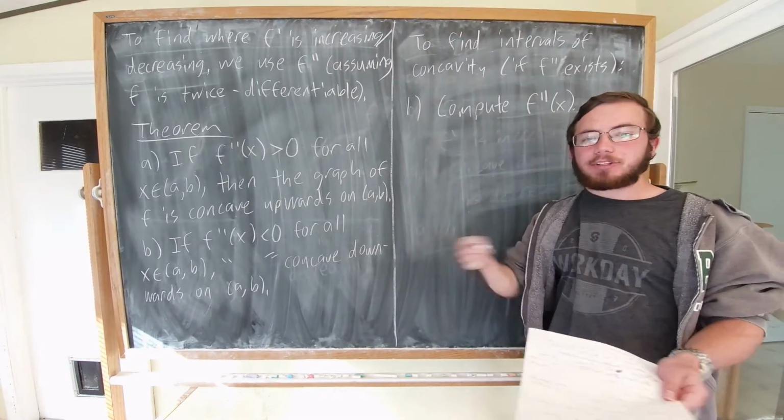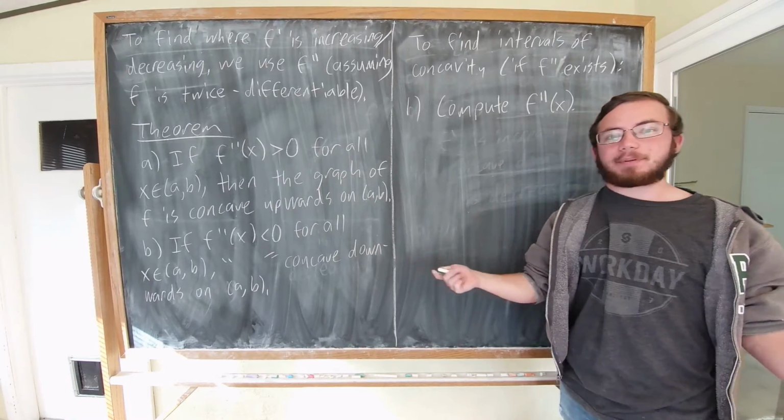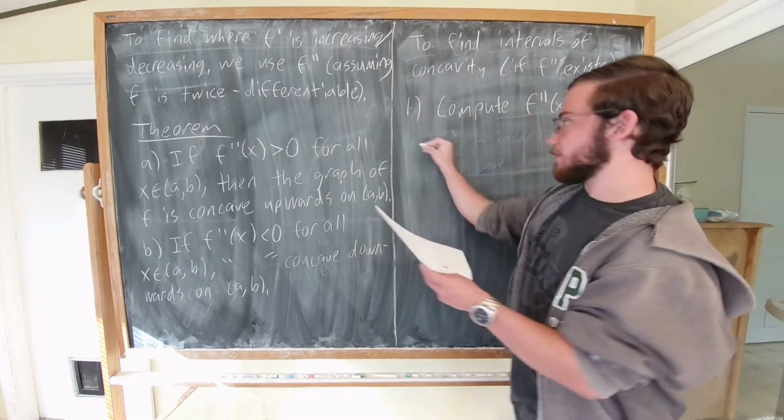And then we'll set it equal to 0 in order to divide the number line up into intervals, just like we did for the first derivative.